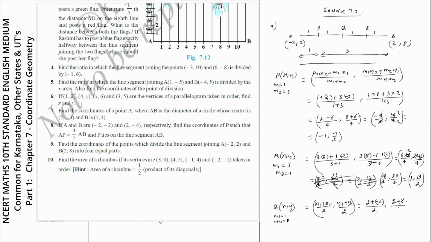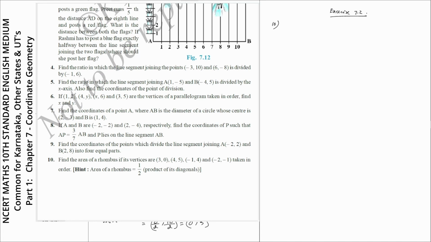So 2 plus 8 by 2. So here 2 minus 2 by 2, comma 10 by 2 I'll get. So this is equal to 0 by 2 comma 10 by 2. 0 by any number is 0 only. Here 10 divided by 2 is 5. So 0 comma 5 is the coordinates of Q.